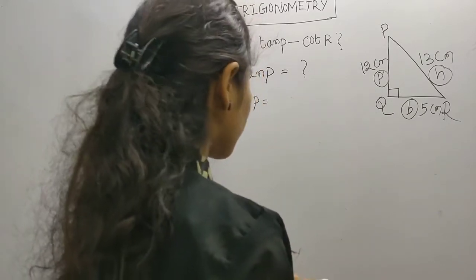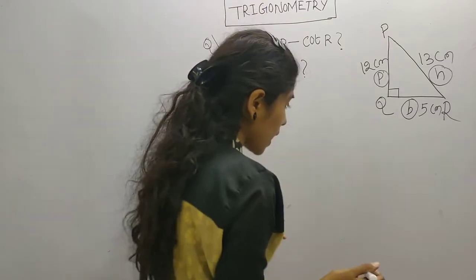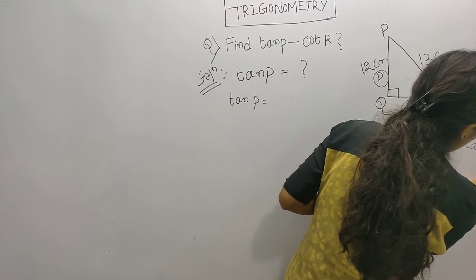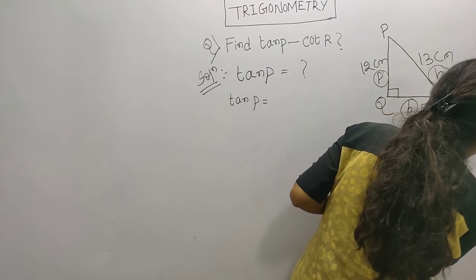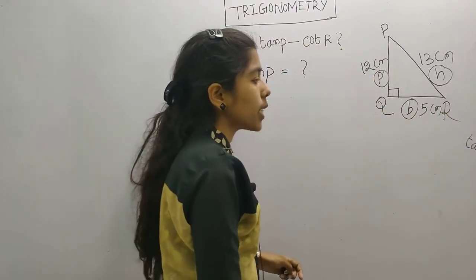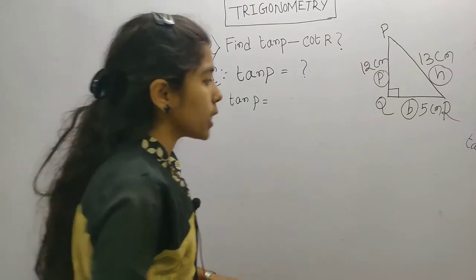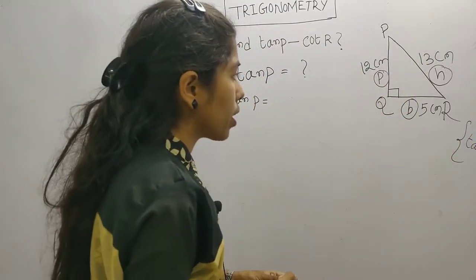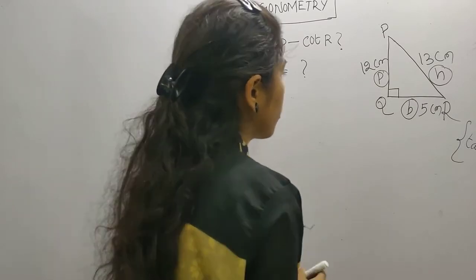So how will we find tan P? What is the tan theta formula? Tan theta formula is P by B, right? Tan theta is perpendicular by base. So let's find the perpendicular and base.